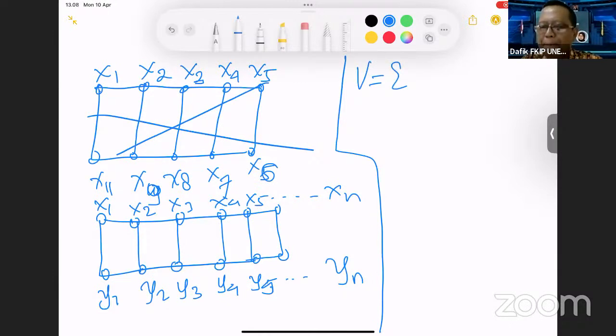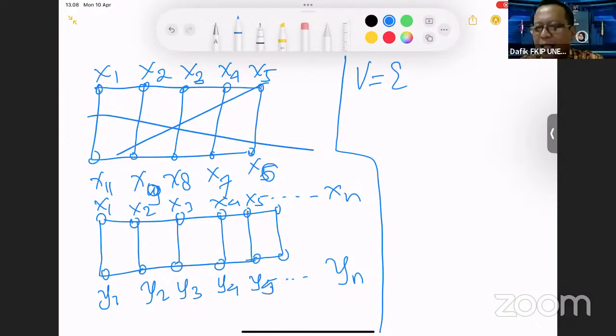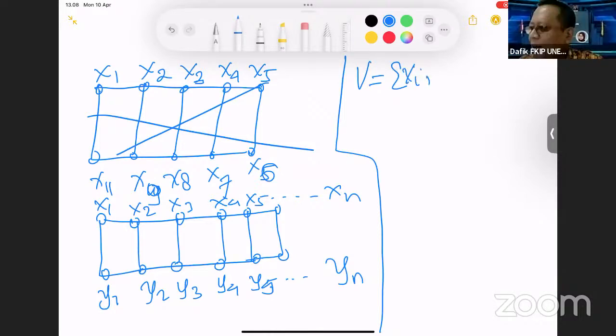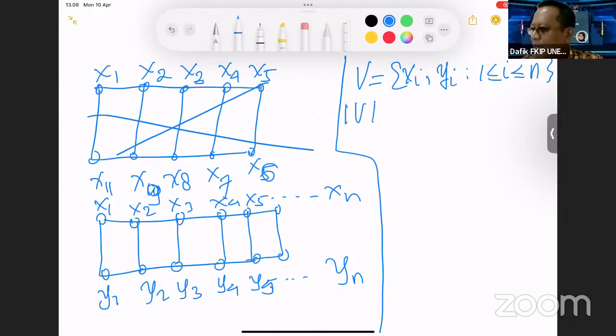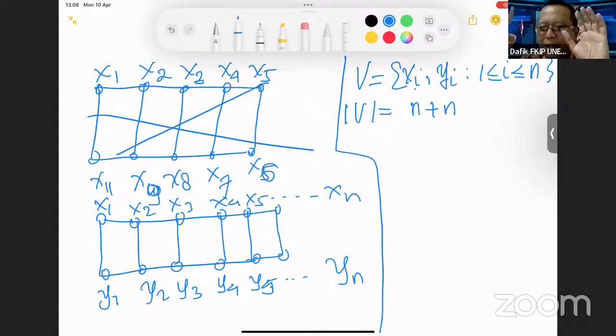Who can answer? Xi, yi, for i from 1 to n. So the cardinality is n plus n, because xi has n vertices and yi has n vertices. So it is 2n. What do you think?